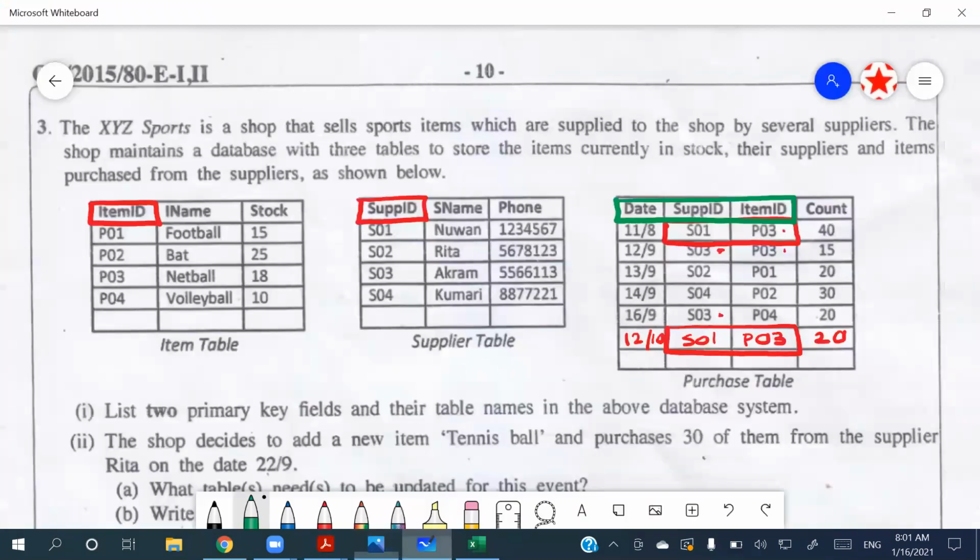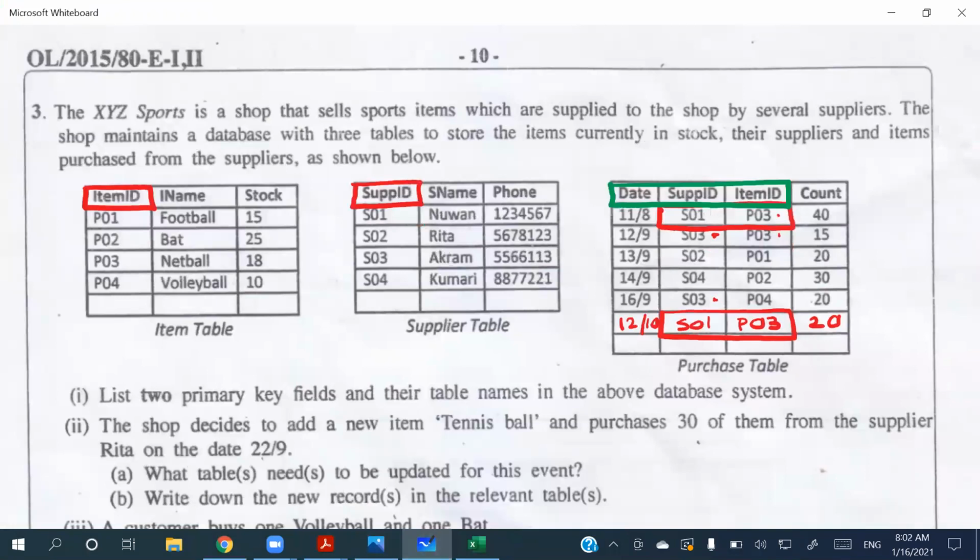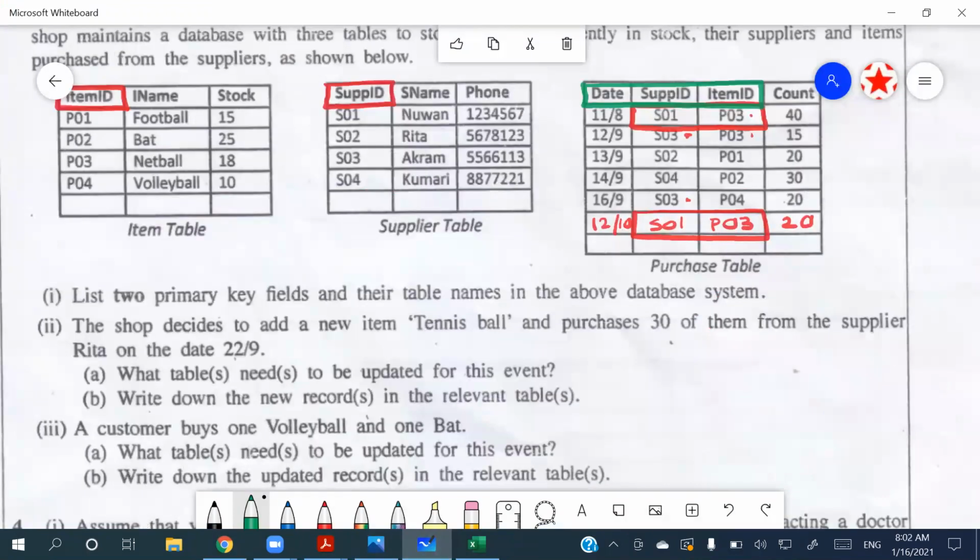Okay, in the next one, it says the shop decides to add a new item, tennis ball, a new item. Purchase 30 of them from supplier Rita. Right, so Rita is there already.